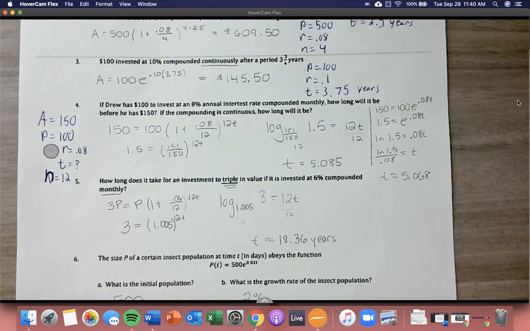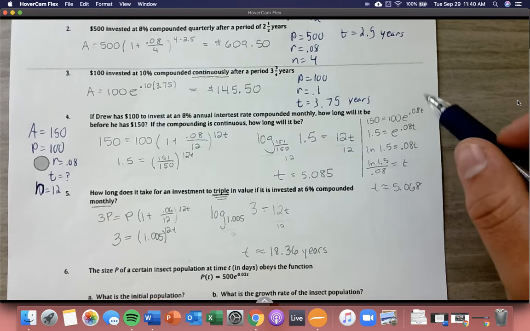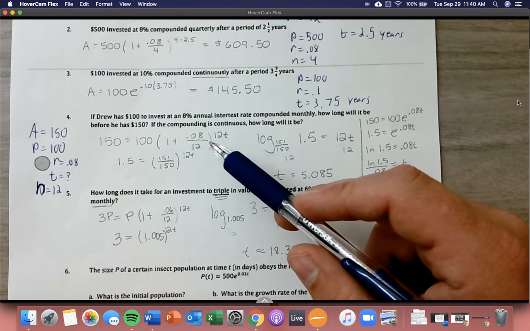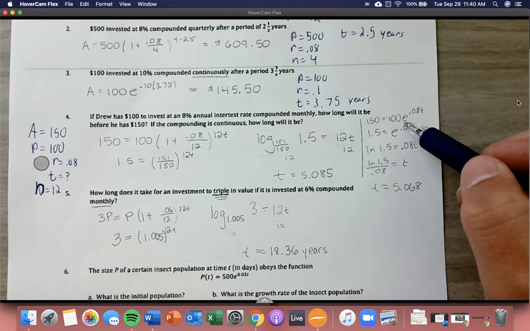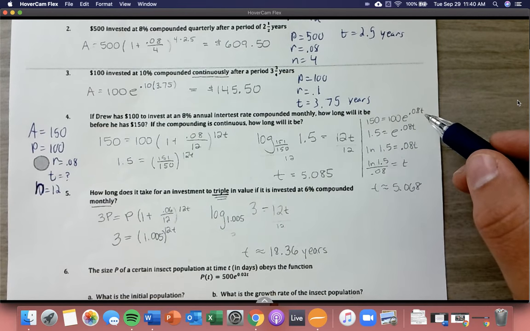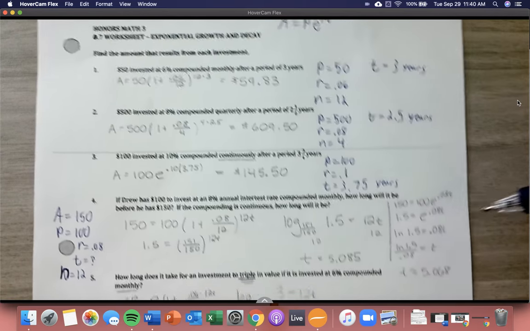5.085. Comparing that to the continuous one, the only thing that changes is instead of having this 1 plus 0.08 over 12, we have just e, and then instead of 12 times t, we have 0.08 times t. Because again, we're using our continuous equation.